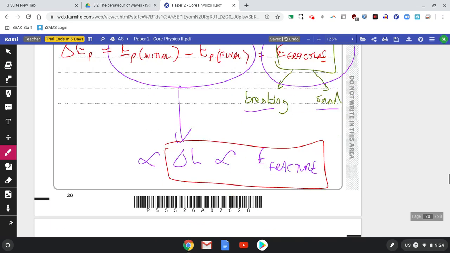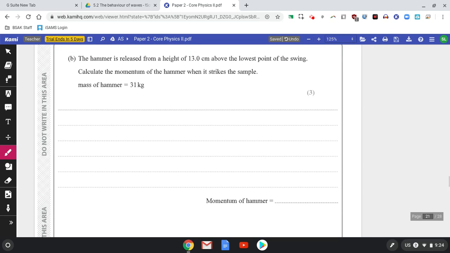Right. The hammer's released from a height of 13 centimeters above its lowest point in the swing. Calculate the momentum just before it hits the sample. We want the momentum, so we need the mass and the velocity. We know the mass, but we need to find the velocity. How are we going to find the velocity just before impact?